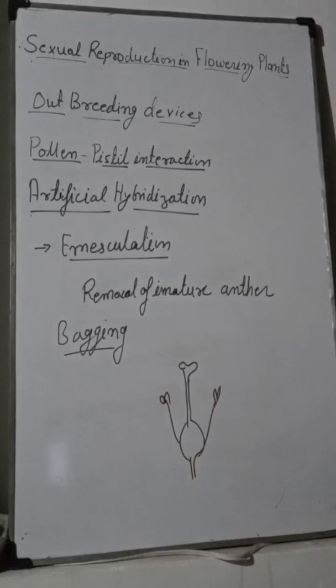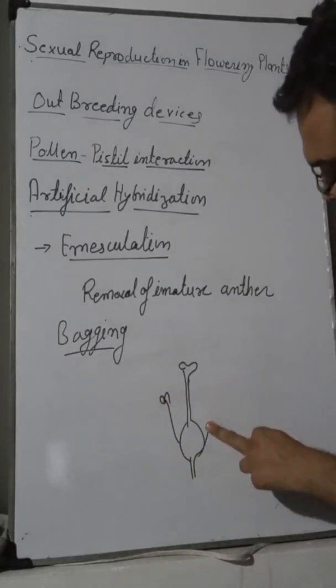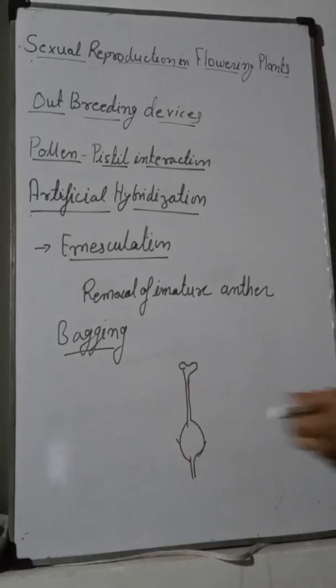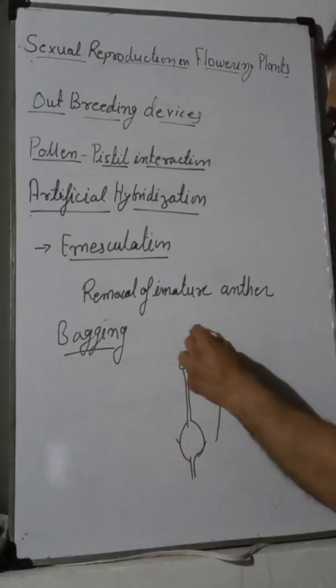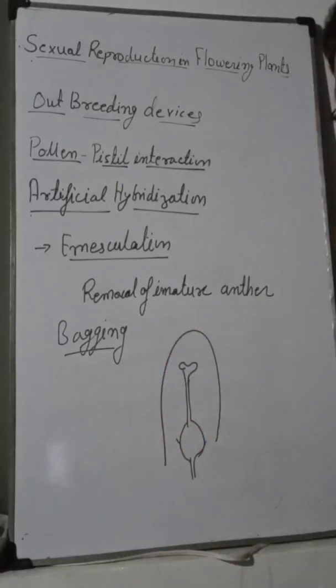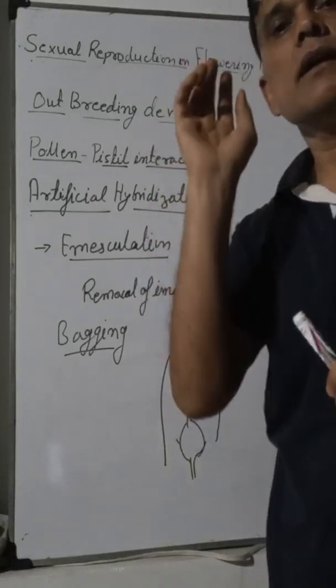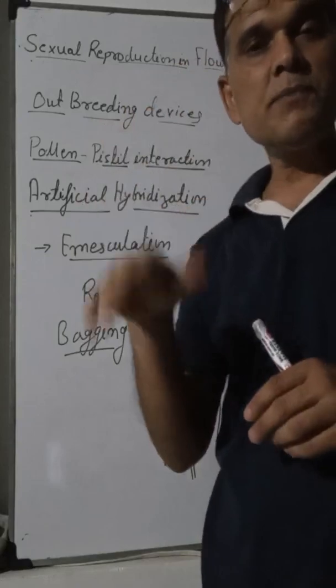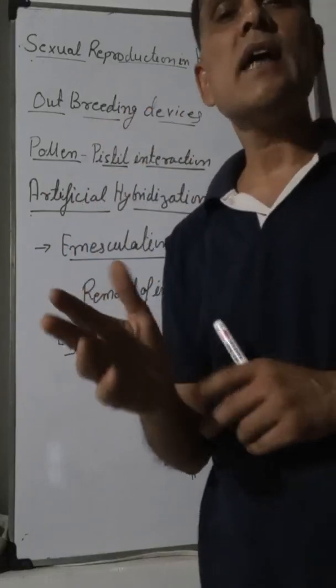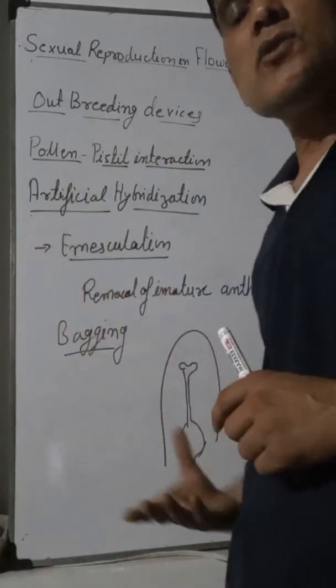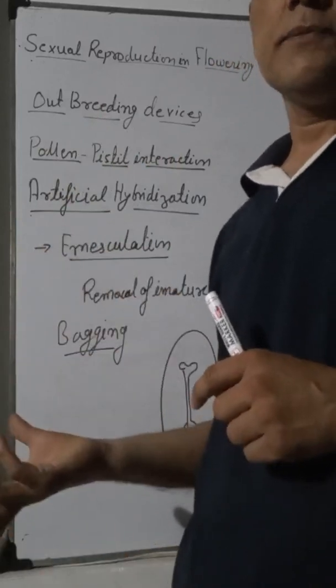Before maturation these male parts are removed and then it is covered with bags. Why is it covered? To prevent the transfer of undesired pollen grains. Undesired pollen grains will not reach this stigma.